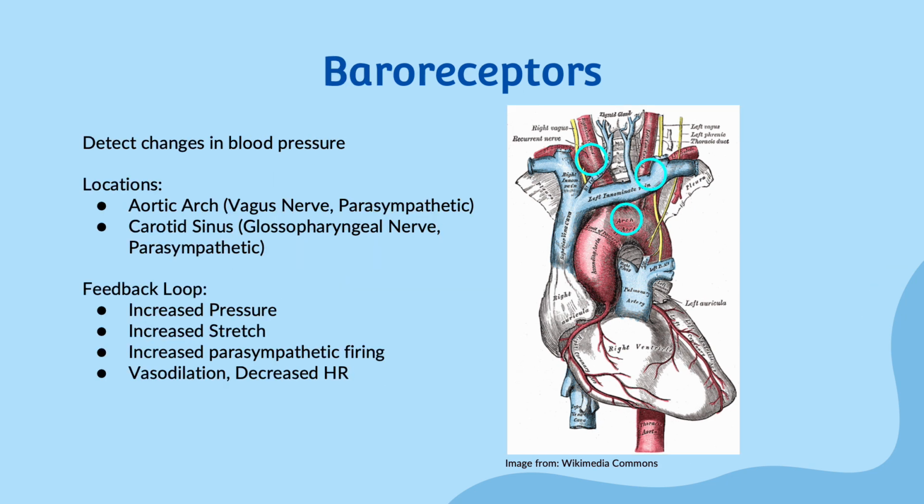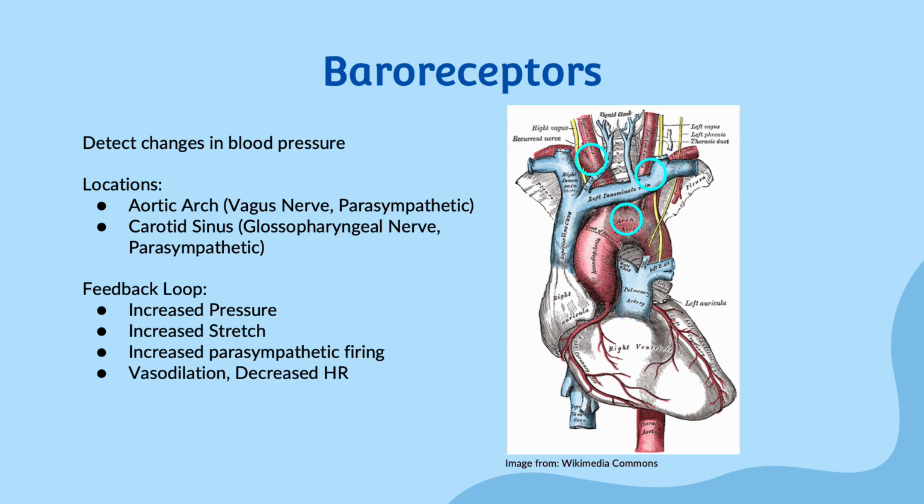Now, let's discuss a few extracardiac pressure receptors, also known as baroreceptors. Baroreceptors are sensory receptors that detect changes in blood pressure. There are baroreceptors in the aortic arch and carotid sinus that are innervated by the vagus nerve and glossopharyngeal nerve, respectively.